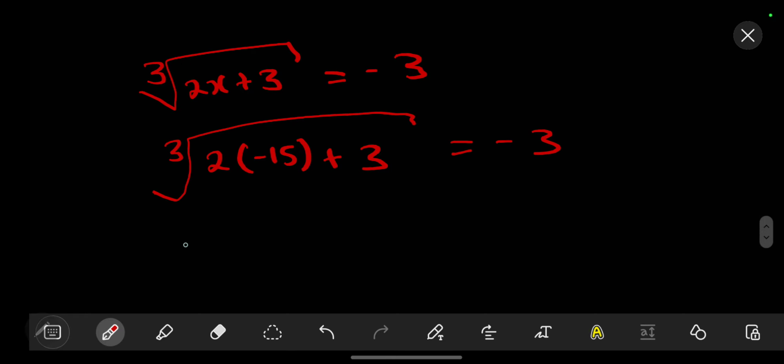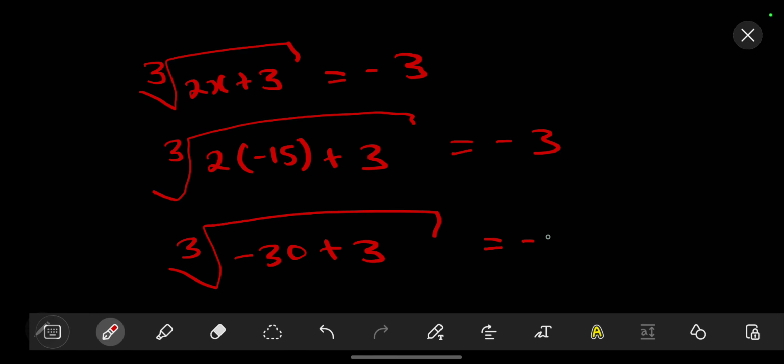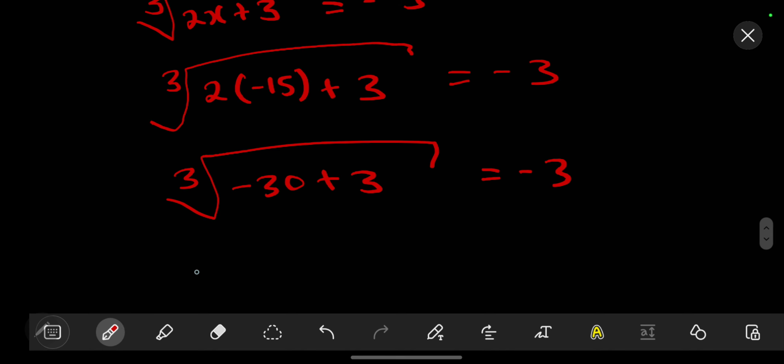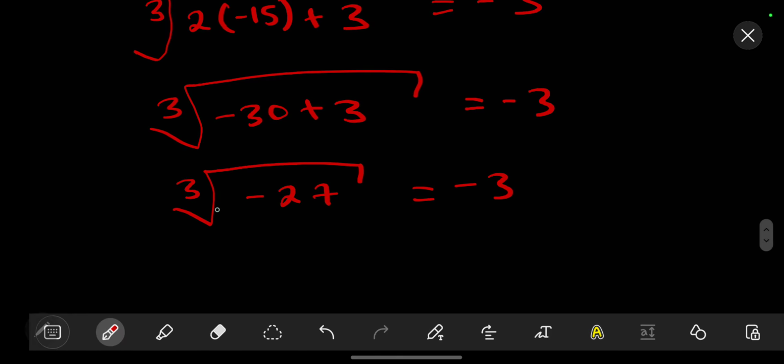We are testing the solution. So we have the cube root of 2 times negative 15 gives us negative 30, plus 3, which should be equal to negative 3. So we have the cube root of negative 30 plus 3, which gives us negative 27, which should be equal to negative 3. So the cube root of negative 27 gives us negative 3, which should be equal to negative 3.